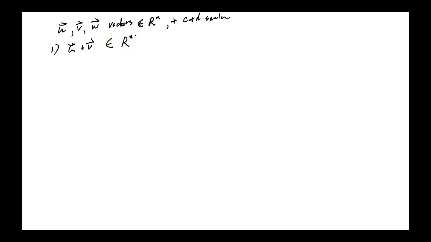Because if U has n components, V has n components, and you add them component by component, you're going to wind up with an n-component vector, which means it's also in Rn. So that's sort of a duh one, but that title is closure under addition.